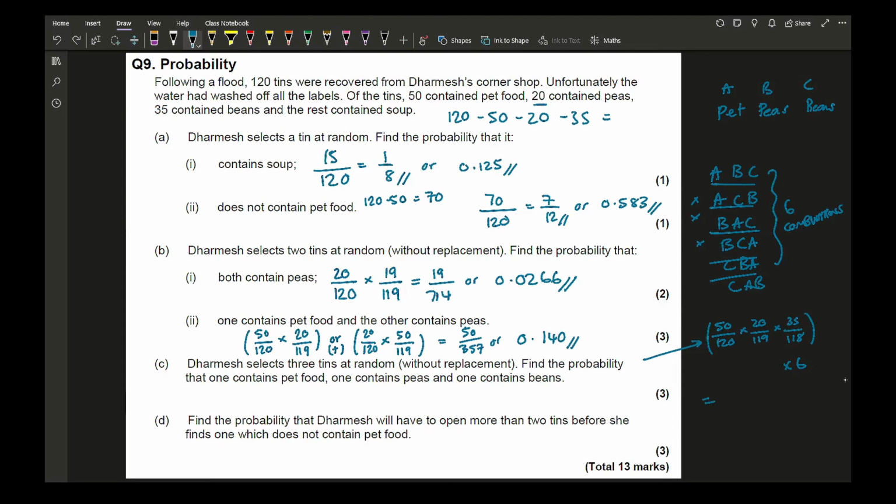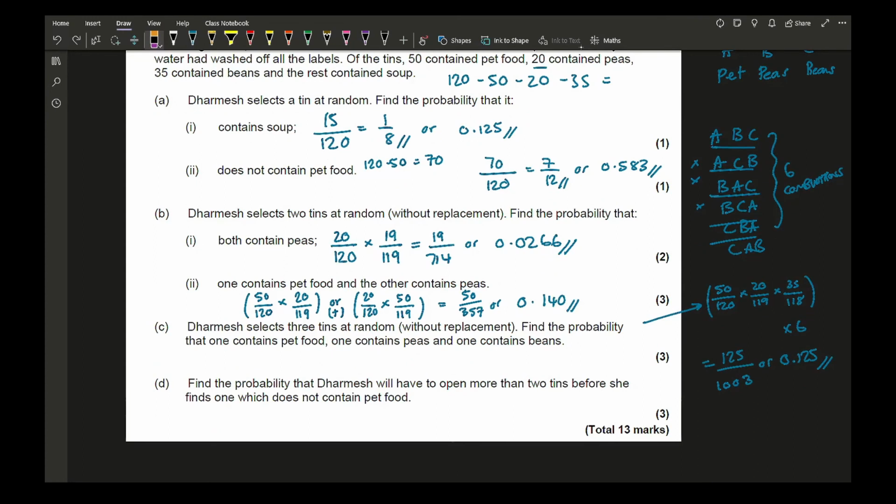So from this, what you should have is the final answer of 125 over 1003, or you can write it as a decimal. Now moving on to question D, it says find the probability that Darmish will have to open more than two tins before she finds one that does not contain pet food. So she wants to find two cans.